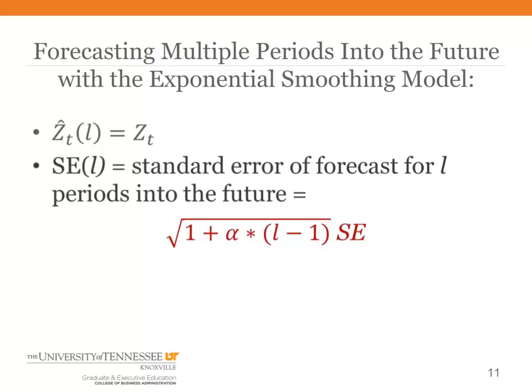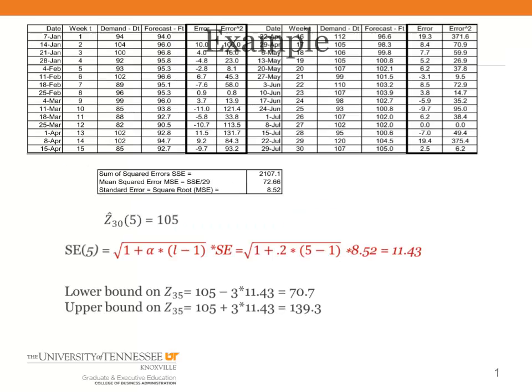What you can see there, if L is equal to 1, that's just the standard error. If L is equal to 2, it says you're going to be adding a little bit more under that square root, so you're going to be multiplying the standard error by something a little larger than 1. And the bigger L gets, the bigger that multiplier gets. We're going to do the arithmetic and show you an example next.